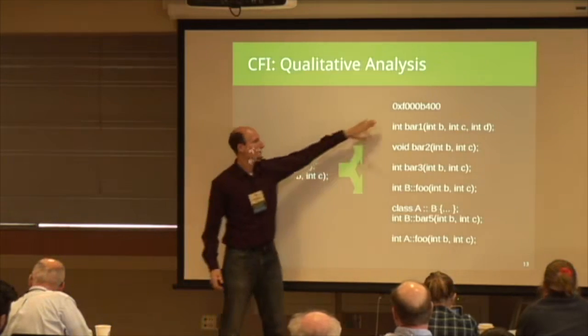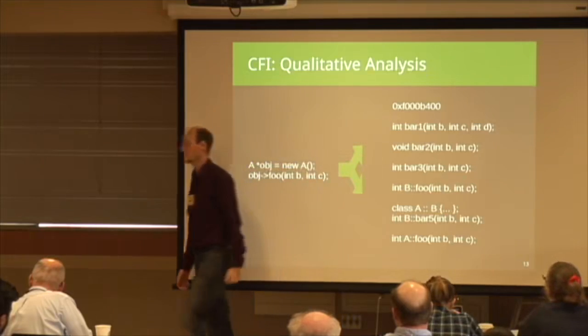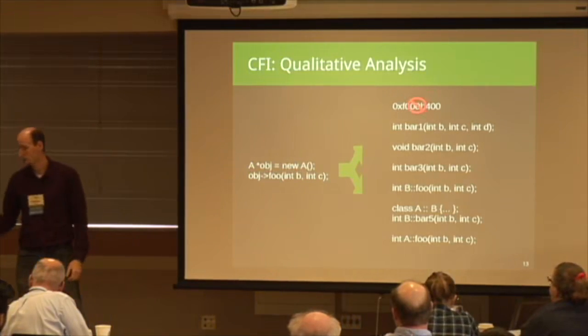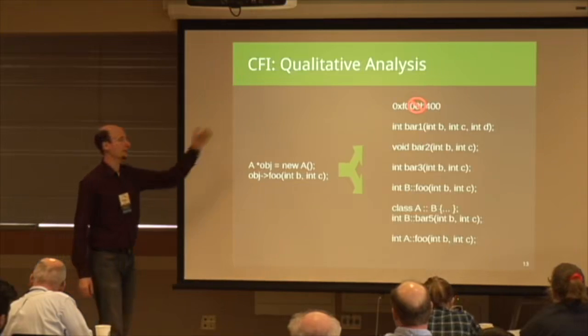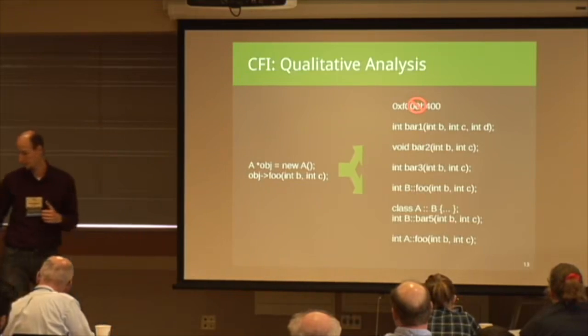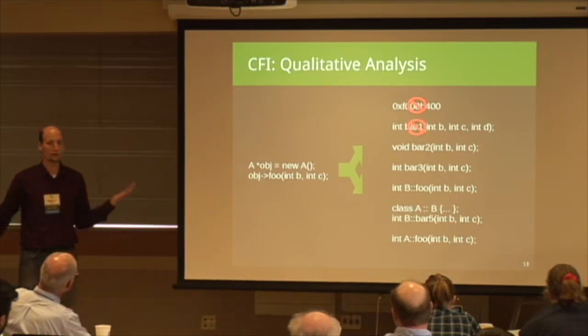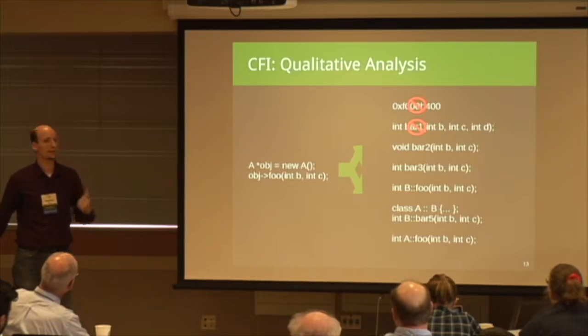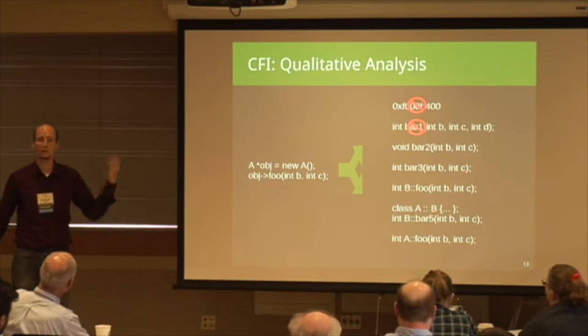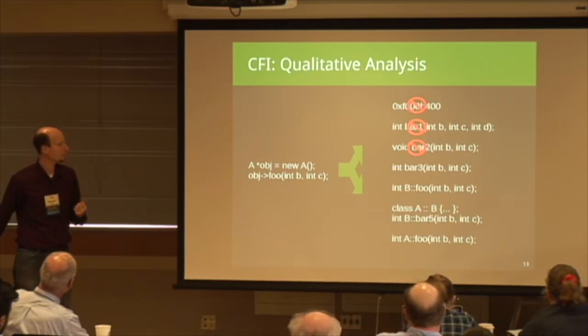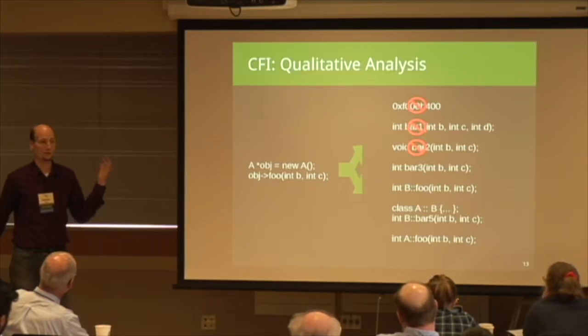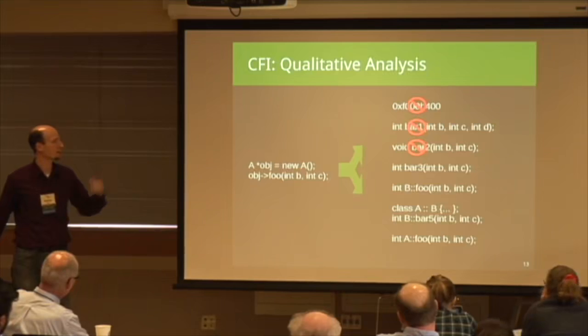Without CFI, any addressable byte is reachable. So any CFI mechanism will protect us against reaching an arbitrary byte. There are other CFI mechanisms that check for the arity: this function here has a different number of arguments, so there's a class of CFI mechanisms that checks the arguments. There's a class of CFI mechanisms that checks the return value: a void is different from an int, and we expect that it returns an int.